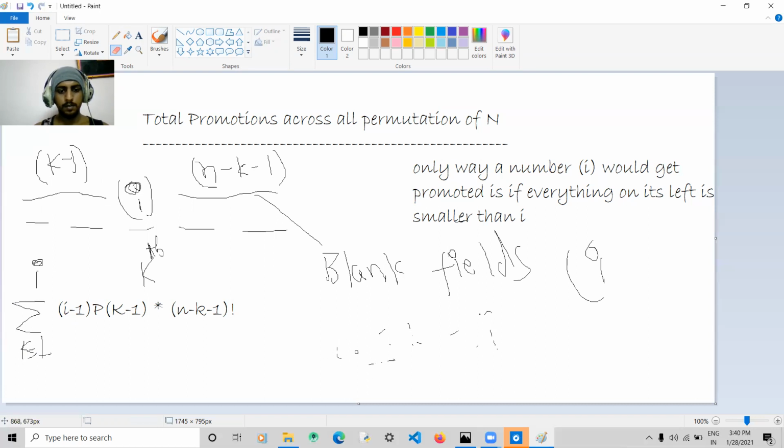If you want to solve it for every number, such that i goes from 1 to n and k goes from 1 to i, this is what you evaluate here.